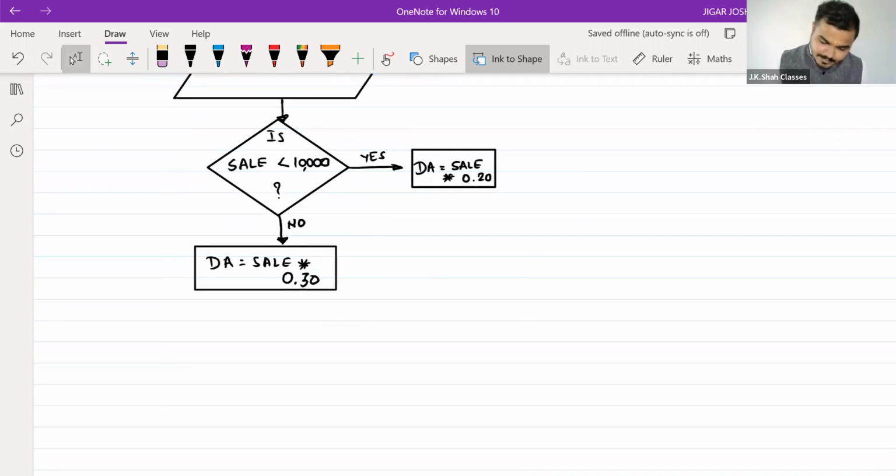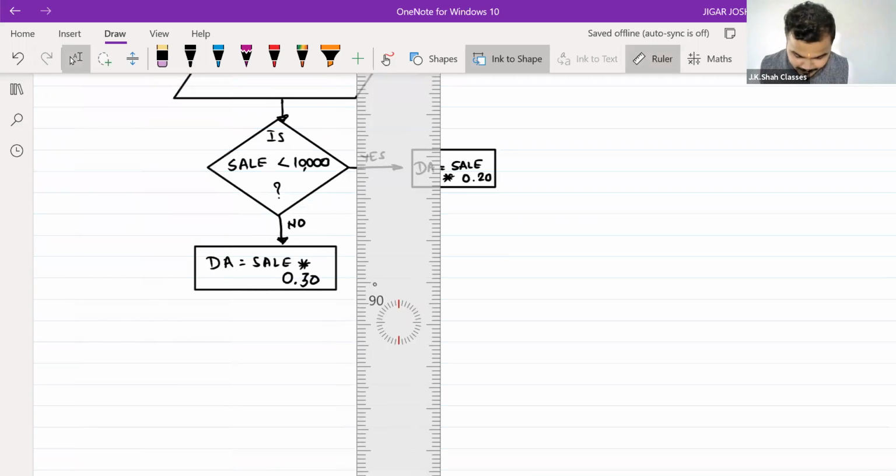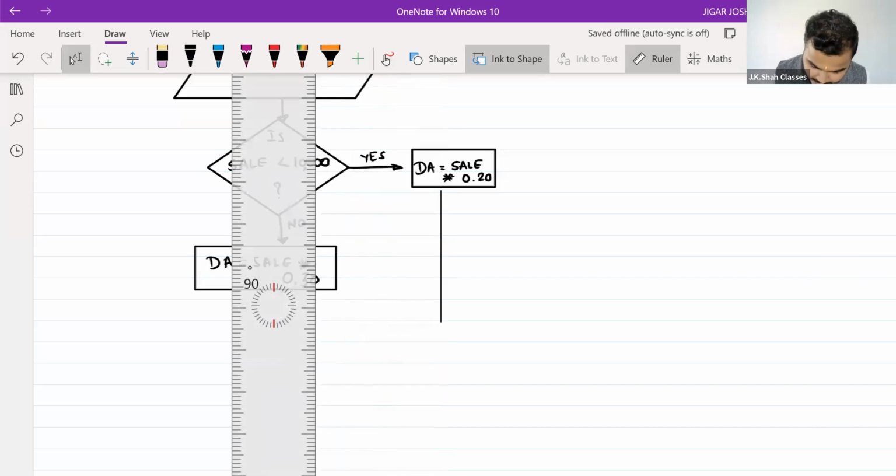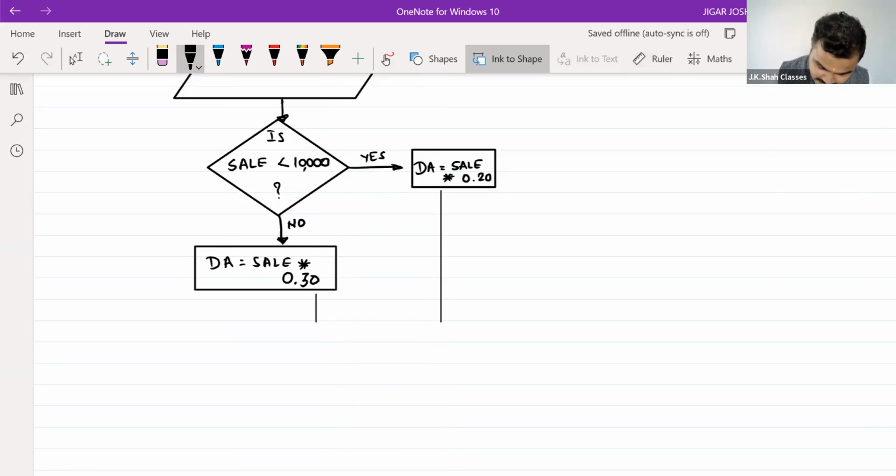Now, always remember, people, we need to connect both of these to the next level. We cannot keep any process as it is. Now what do we want? We want the discounted amount. That means the net discounted amount.